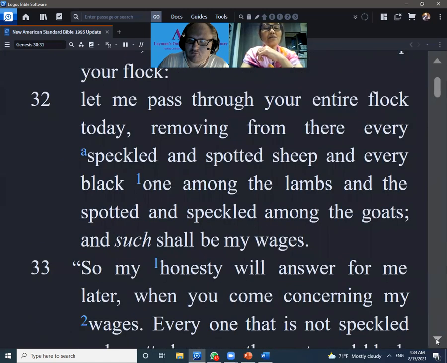Let me pass through your entire flock today, removing from there every speckled and spotted sheep and every black one among the lambs, and the spotted and the speckled among the goats, and such shall be my wages.